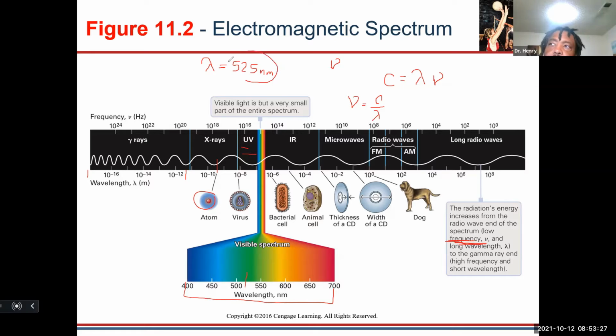Now, lambda is in nanometers. And C, if I remember correctly, is equal to 3.00 times 10 to the 8th power, and that's meters per second.